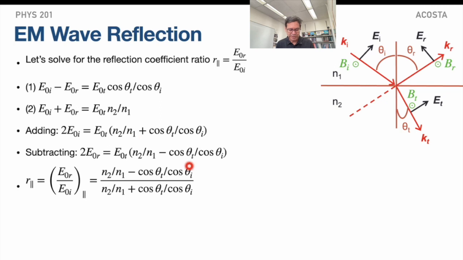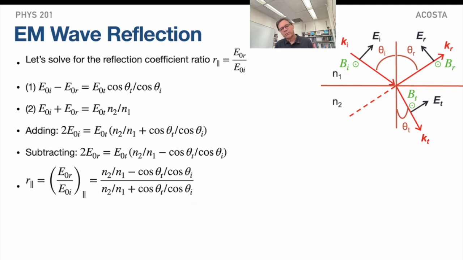So I need to take a ratio of this piece divided by the other piece. The E0T will cancel when I take that ratio. So I just have N2 over N1 minus cos theta T over cos theta I, over almost the same thing, N2 over N1 plus cos theta T over cos theta I.